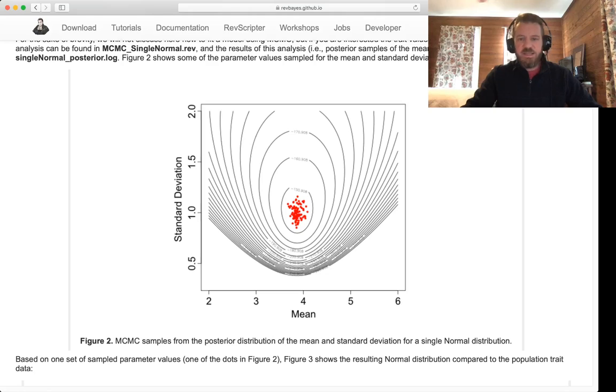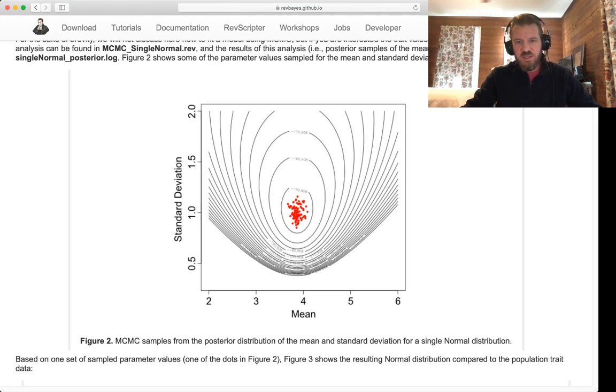On the x-axis of this plot, we have different possible parameter values for the mean of our normal distribution. And on the y-axis, we have possible values of the standard deviation. As you can see, we have our posterior surface here, which is represented by these lines.